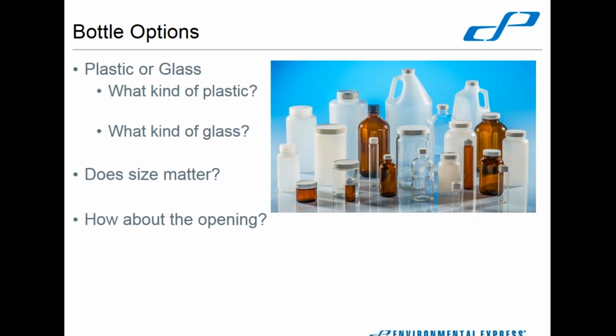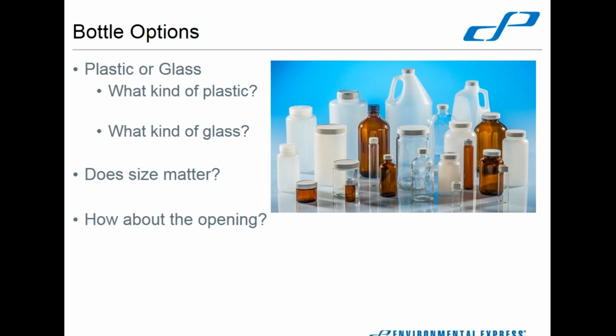The size of the container that you're using, does it matter what size? Effectively, no. However, the caveat has to be that obviously you need to collect enough sample for the analysis that you're running. Certain types of analyses, such as BOD or TSS, will historically require much larger volumes of sample than, say, samples collected for ion chromatography.